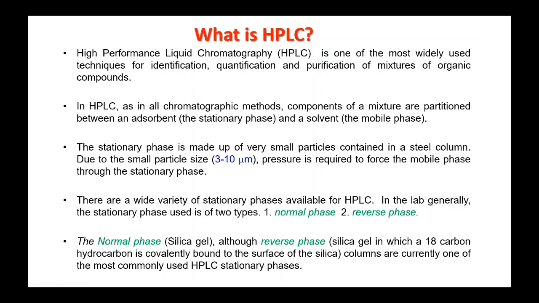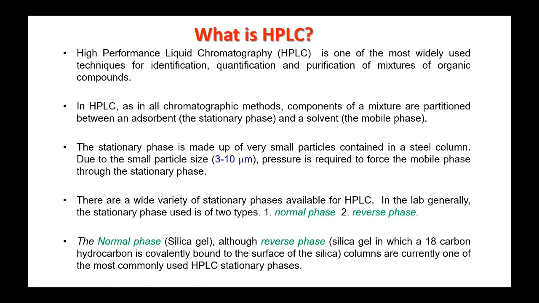The normal phase column generally has silica as the stationary phase. The reverse phase column has modified silica, in which an 18 carbon hydrocarbon is covalently bonded to the surface of the silica.